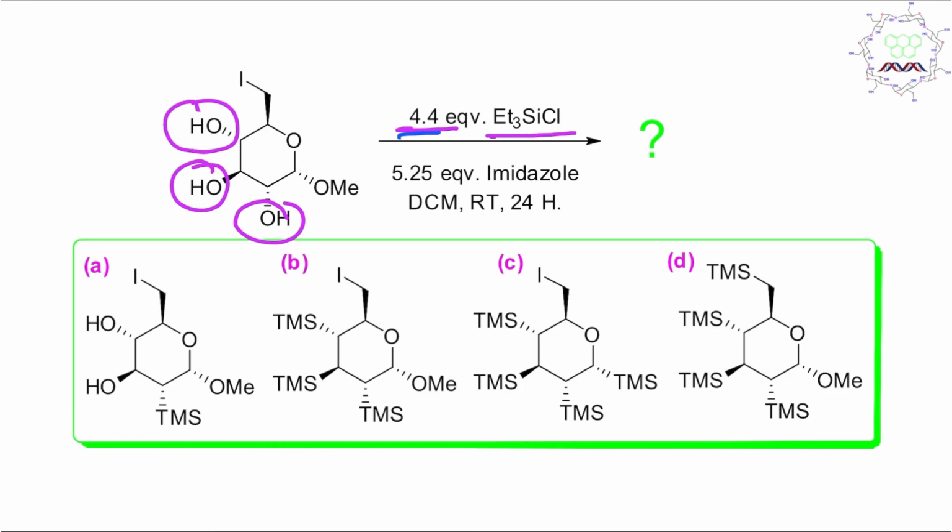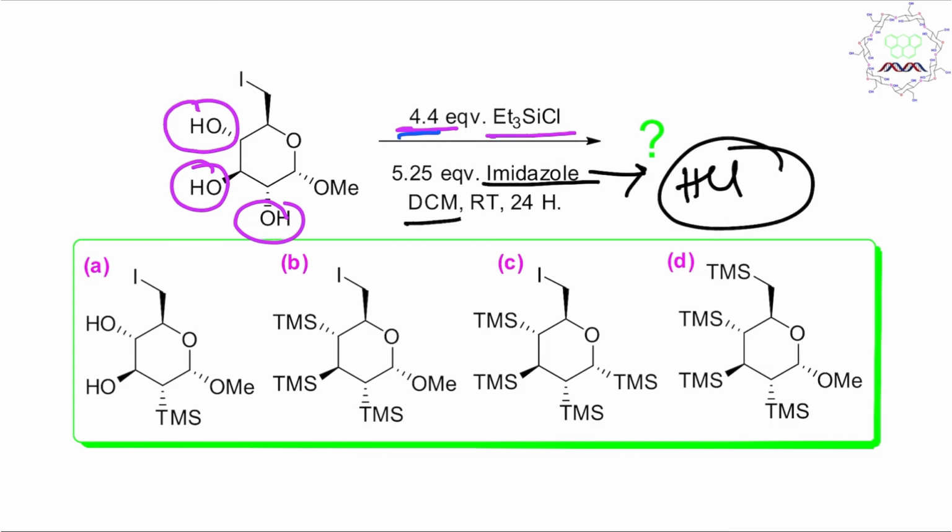There is no hydroxyl left, and the reaction medium is imidazole, DCM, means base is also present. So whatever HCl is produced during the reaction will be instantly quenched by this 5.2 equivalents of imidazole. So no acid is there, so no hydrolysis, and this is an ether, it can't attack. The carbon iodine bond is inert under this condition, so it will not react.